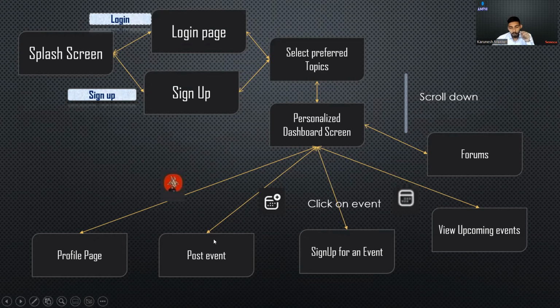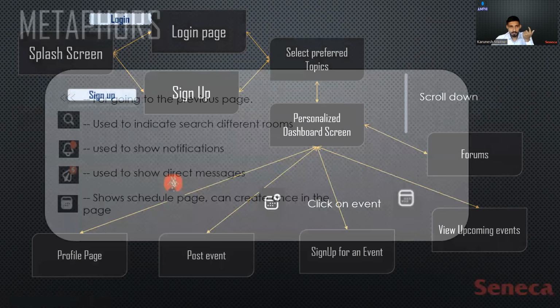Plus, if you want to organize an event or room of your own, you can click this when you are on the upcoming events page, and you can just add the details and you're good to go. Then if you go to the profile page, you click on the bio or the picture of the bio that you have.